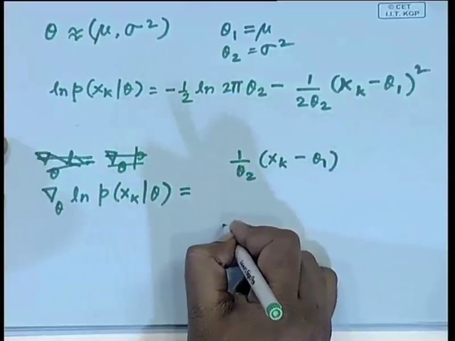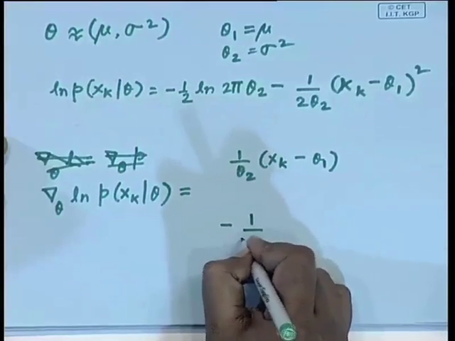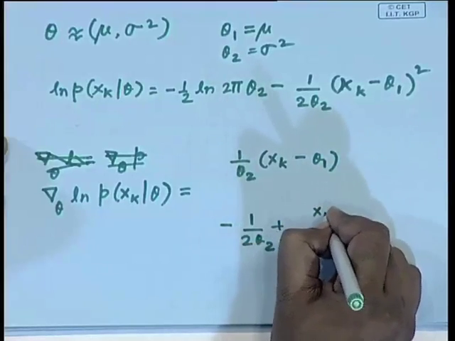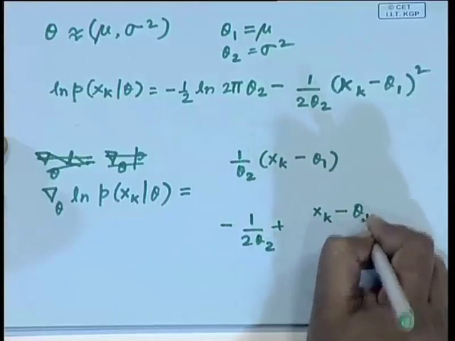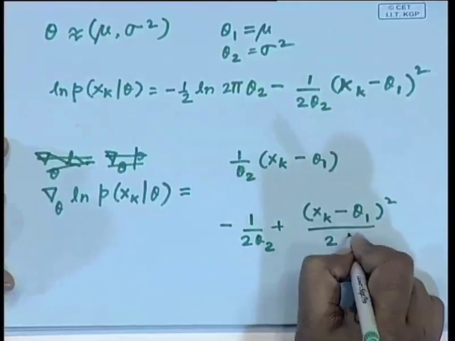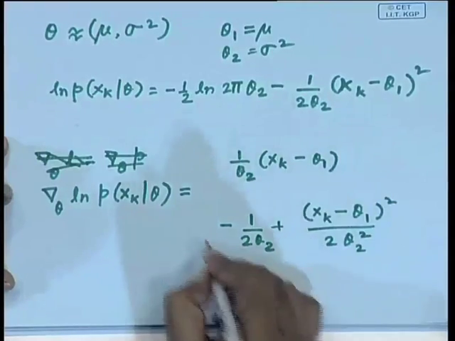And that will simply become minus 1 upon 2 theta 2 plus x k minus theta 1 square upon 2 theta 2 square.